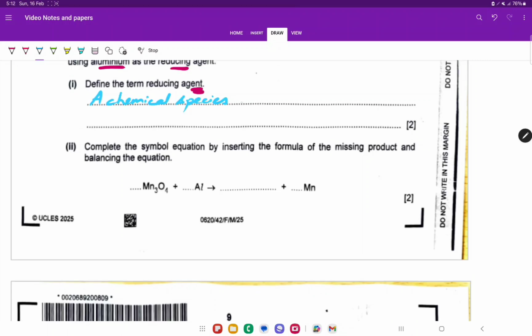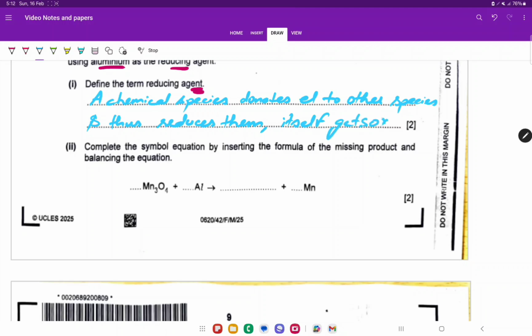So the chemical species which donates electrons to other species, and thus reduces them, itself gets oxidized. A reducing agent reduces others and itself gets oxidized. Okay, that should be the answer for this.